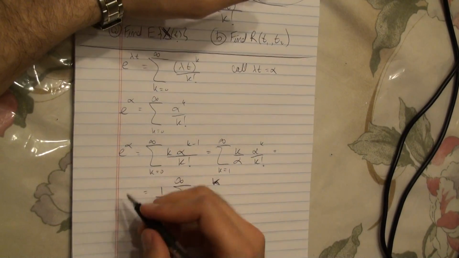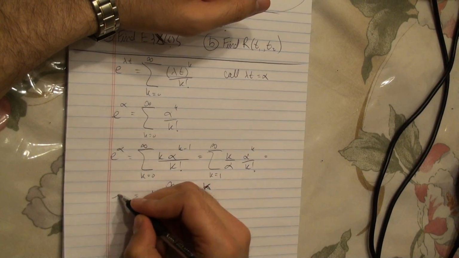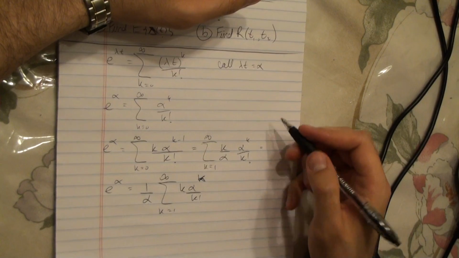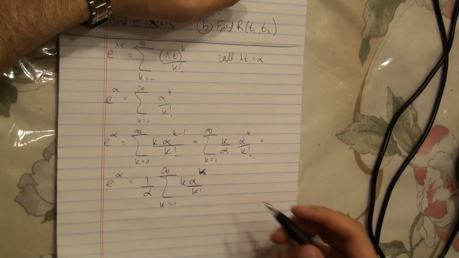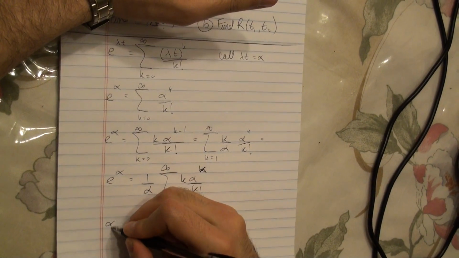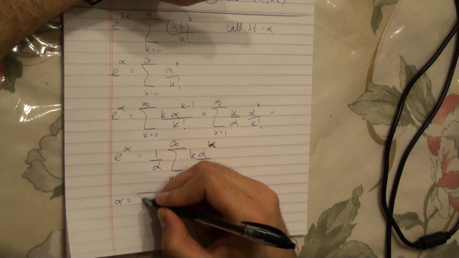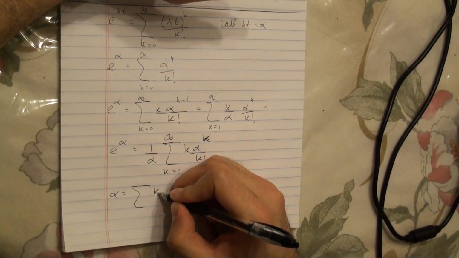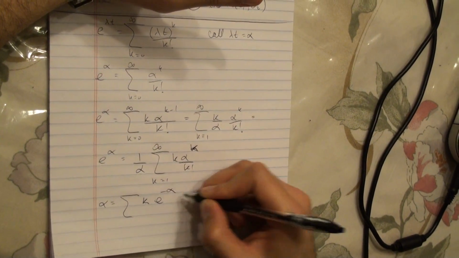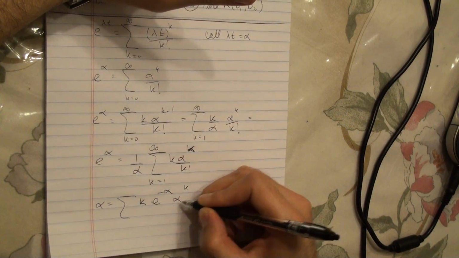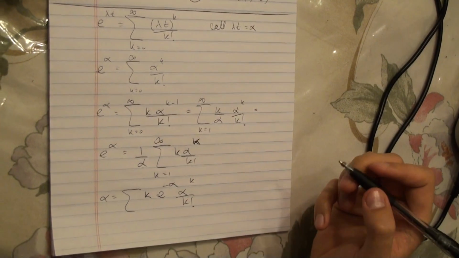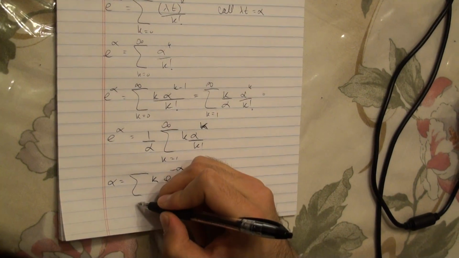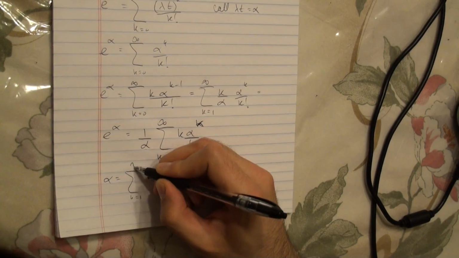So this is equal to e to the alpha. I'm going to move the alpha here and move the exponential to the other side. So I get alpha equals, I'll put this exponential in the summation, k e to the minus alpha alpha to the k over k factorial, k from 1 to infinity.